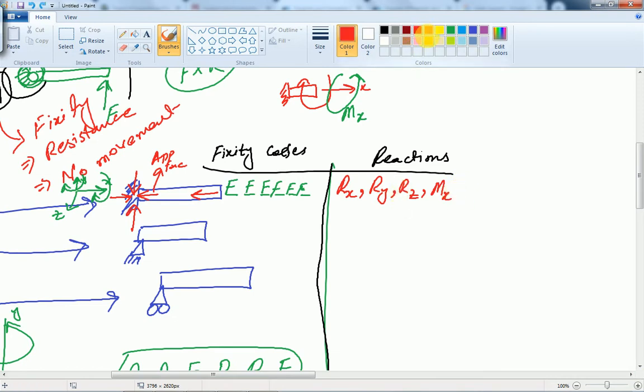In the very similar fashion, as this body is completely fixed for all rotations, it is not going to rotate about the x-axis, the y-axis, or the z-axis. That is why the body will show moment about the x-axis, moment about the y-axis, and moment about the z-axis.